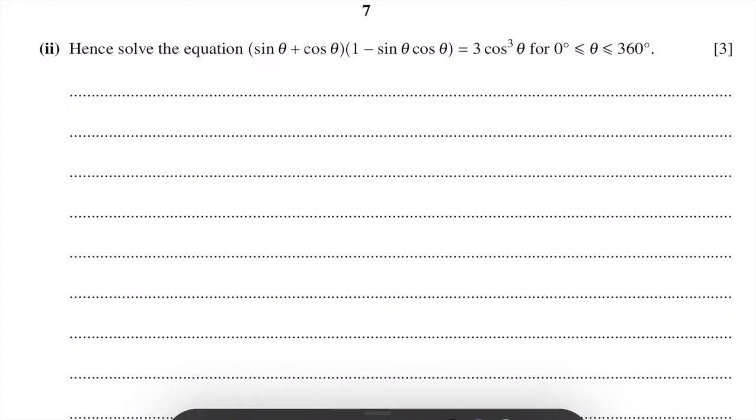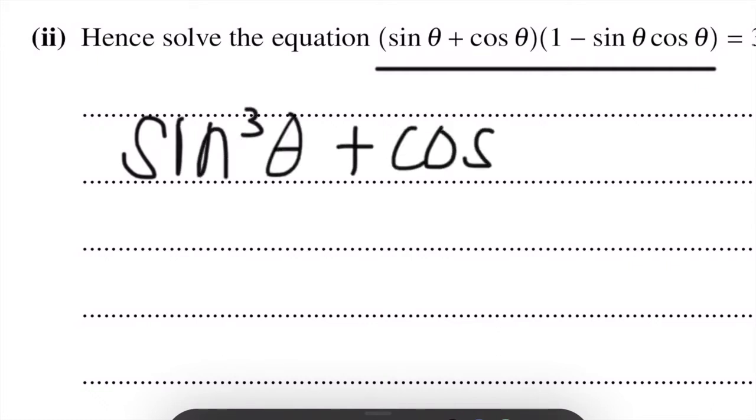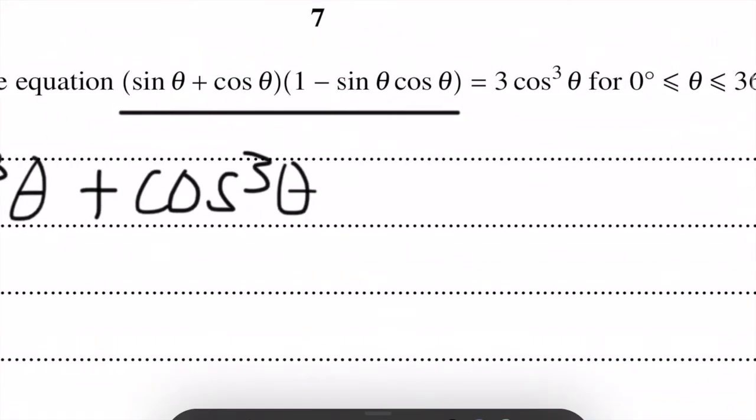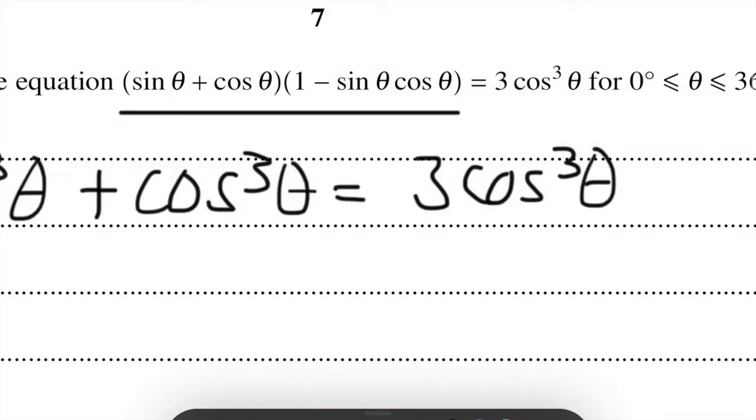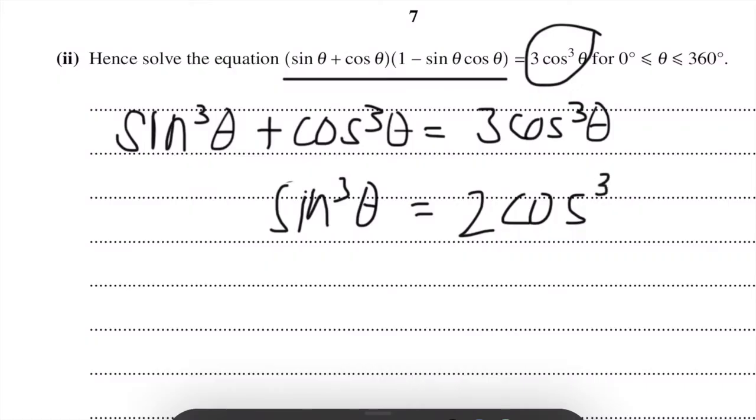For the next question, we will just substitute the left side of the equation with what we got earlier, which is sine cube plus cosine cube is equal to 3 cosine cube theta, which is what we see here. We will go ahead and subtract both sides with cosine cube, so we will get sine cube is equal to 2 cos cube theta.